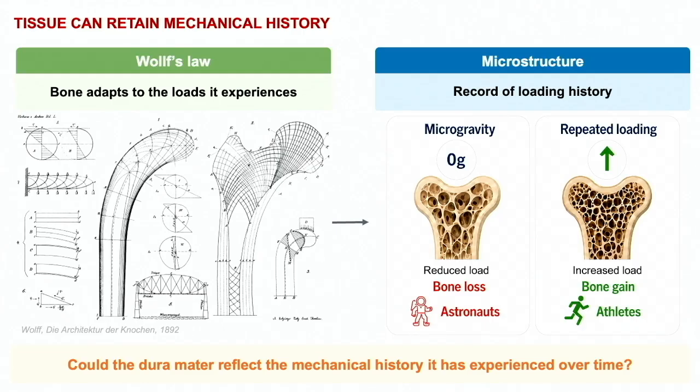And so in that sense, the structure of a tissue can contain a record of its mechanical history. And that is really the idea that I would like you to keep in mind today. Could the structure of the dura and of those bridges reflect the mechanical history that the tissue has experienced over time?